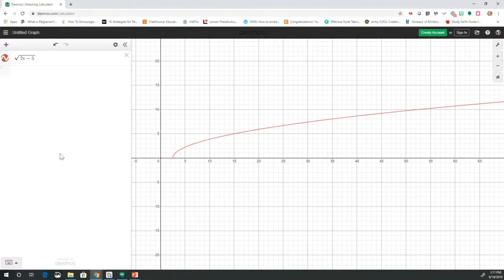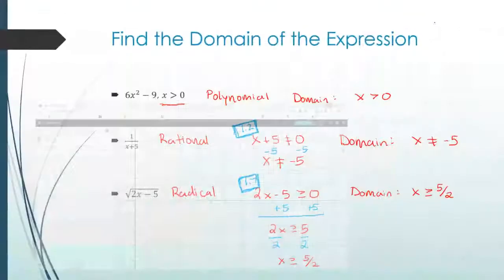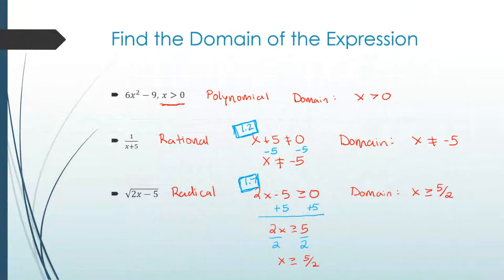So that's the basics for domain, and that's how you can use the graph to reinforce finding the domain. But these solving things, we'll see those more when we get to 1.2 and 1.7.